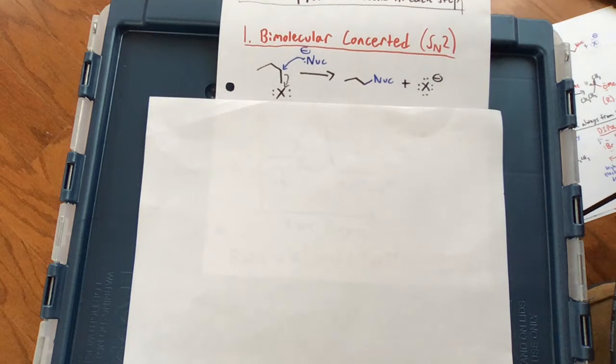Now notice you have two fundamental organic chemistry mechanism steps here that we talked about: nucleophilic attack and loss of a leaving group. The attack and the loss both happen in the same step here.